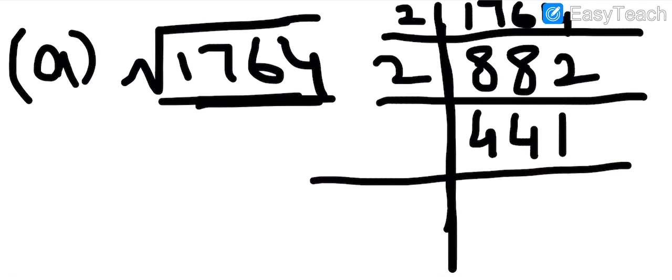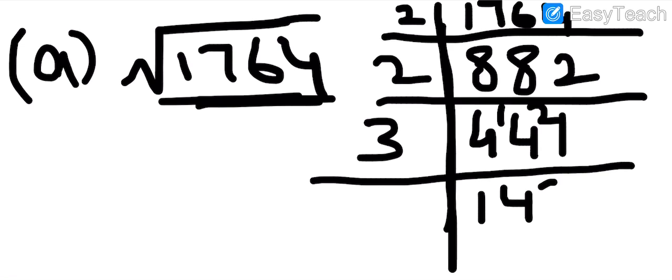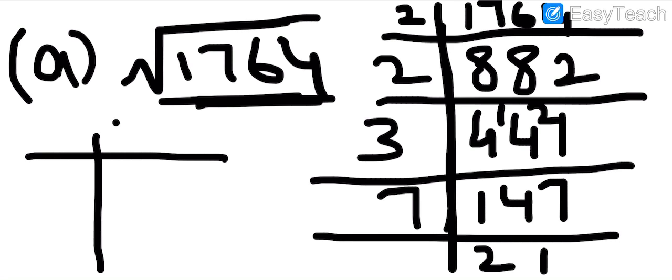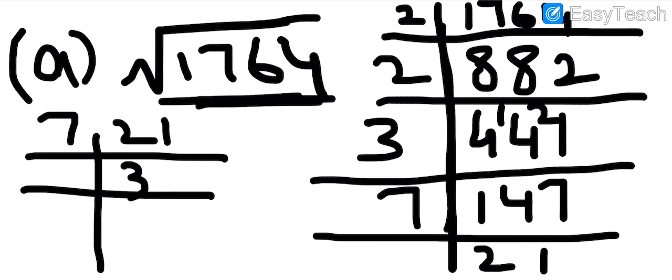Now we check with 3. 3 1s are 3, 3 4s are 12, 3 7s are 21, 7 2s are 14, 1 is a 7. I'm doing it here: 21, 7, 3. We can even do this with 3, by the way. And 3 1s are 3.